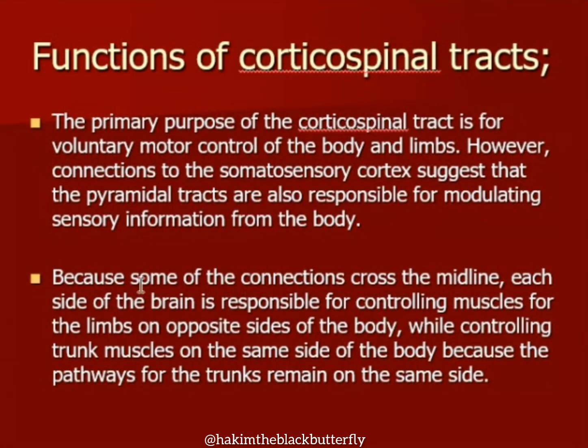Because some of the connections cross the midline, those are the ones which decussate, and the other ones finally cross at the level of the spinal cord. So each side of the brain is responsible for controlling the limbs on the opposite side of the body, while controlling the trunk muscles on the same side of the body, because the pathways for the trunk remain on the same side. This is very important.